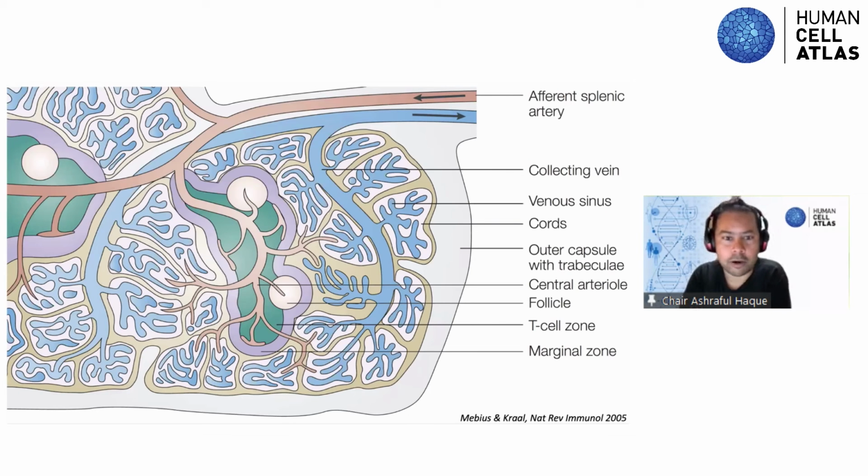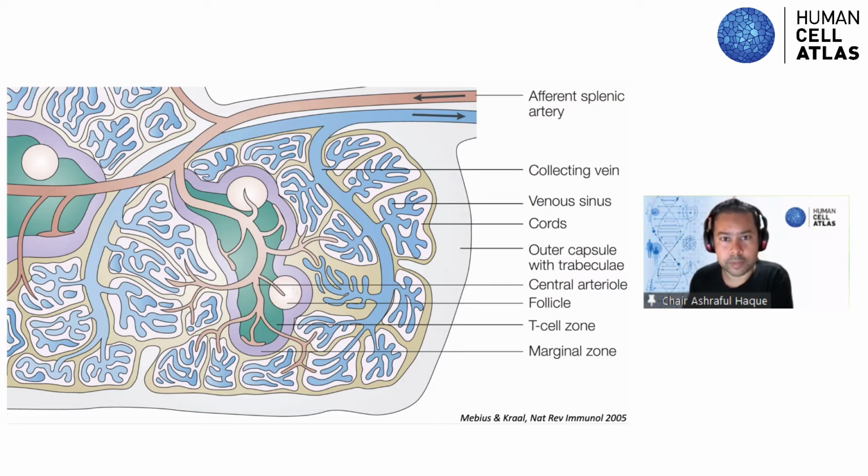My interests are in the spleen, and here's a schematic of the spleen, which is known as a blood filter. Blood comes in, and blood goes out. But I want to draw your attention to the green area, which contains immune cells called T cells, and another yellow area that contains B cells.